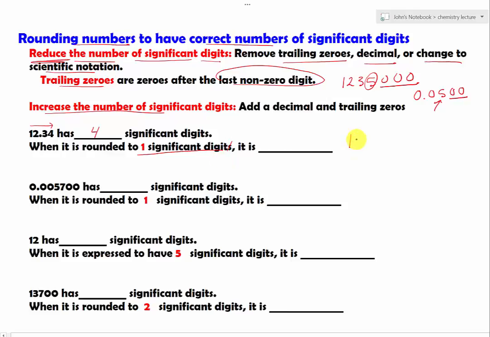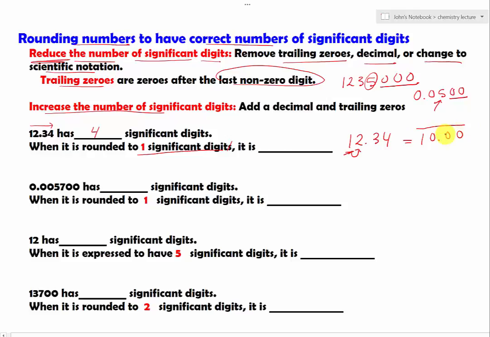We have 12.34, and this is our 1 significant digit. So we're going to round at the 1 by looking at the next number. The 2 will do nothing to the 1, so we have 10.00. But if we look at this number, it's still 4 significant digits.